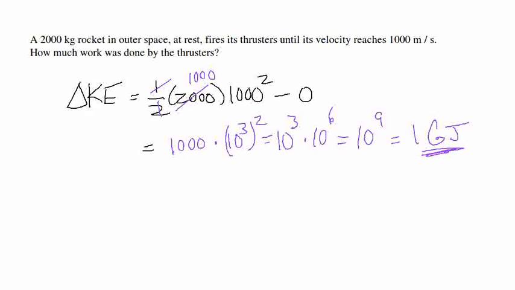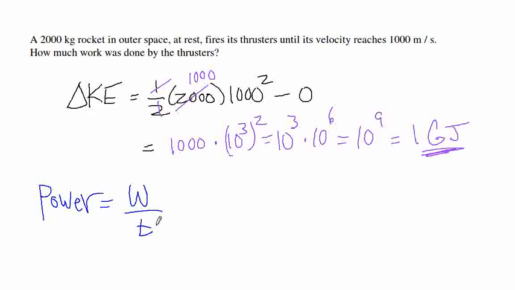Now, in addition to talking about the work involved in a certain process, people sometimes want to know how fast work was done. When people want to talk about the rate of doing work, that is what power is. Power is how much work you do divided by how long it takes you to do it.